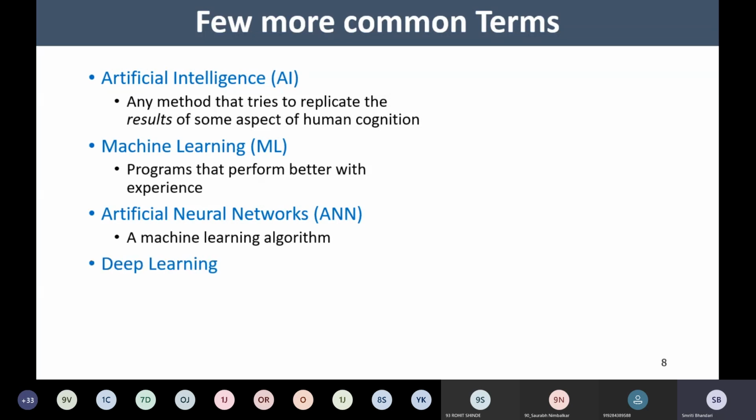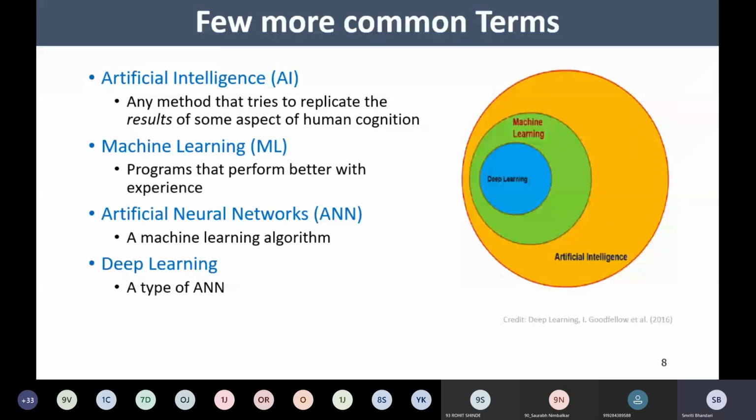And then we talked about deep learning, which is a type of ANN. So this is the broad way of understanding the meanings of all those terms related to machine learning. And we also showed diagrammatically where all these different areas stand and how they are related to one another. I hope you have understood till this.